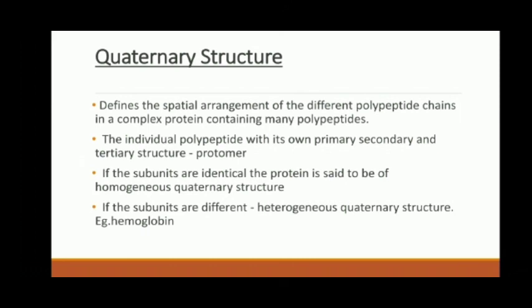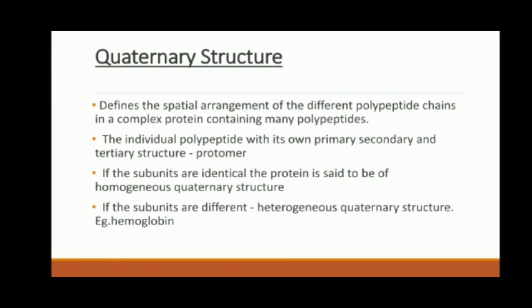But in the quaternary structure, many polypeptides are present. It's a complex protein. It consists of many polypeptides. So quaternary structure defines the spatial arrangement of different polypeptide chains in a complex protein containing many polypeptides.